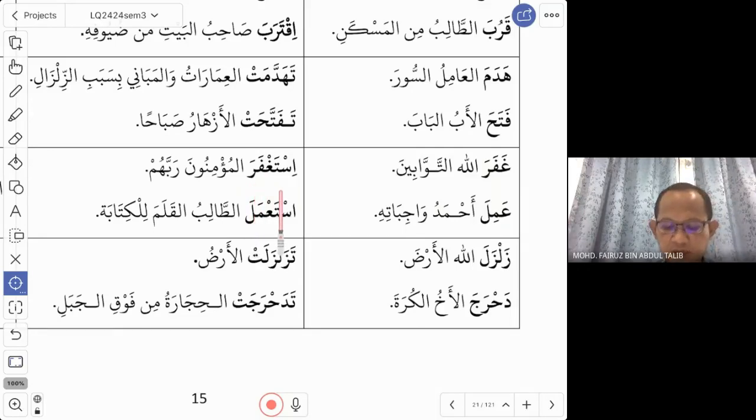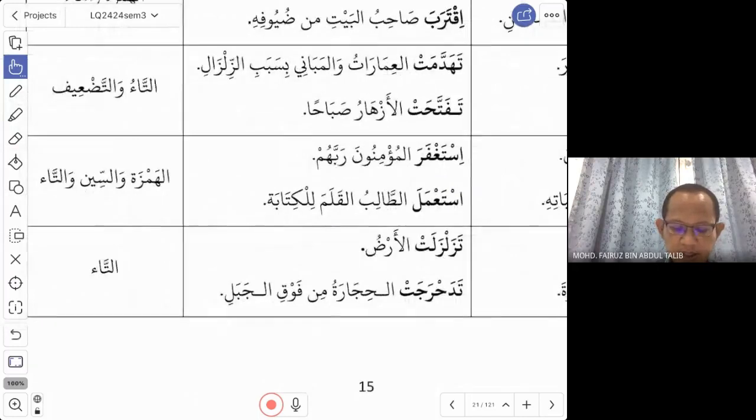We say istaghfara al-mu'minuna rabbahum. The believers sought forgiveness from their Lord. So this is the mazid and this is the mujarrad. They are from the same root word, and the additional letters here are hamza or alif, sin, and also ta.